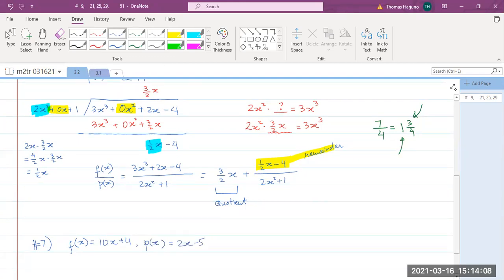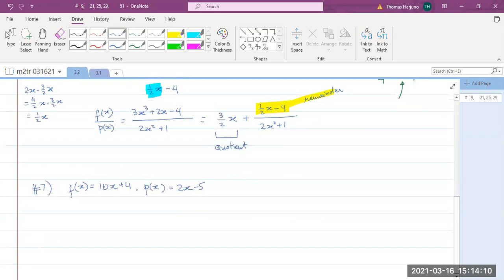So when I divide fx by px, that is 10x plus 4 divided by 2x minus 5.